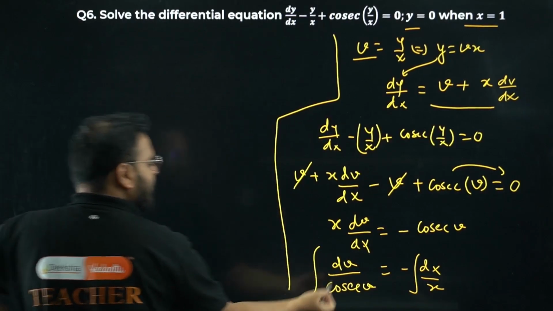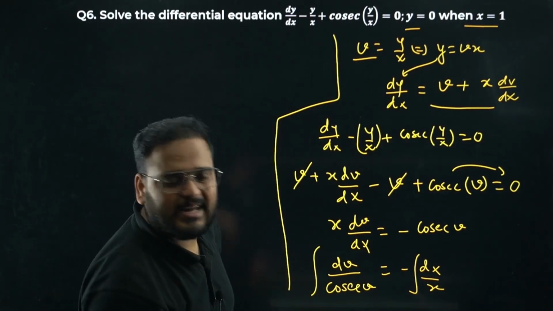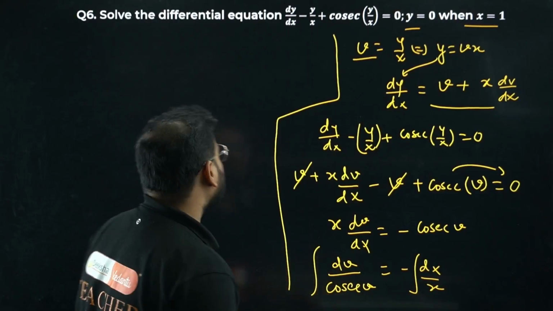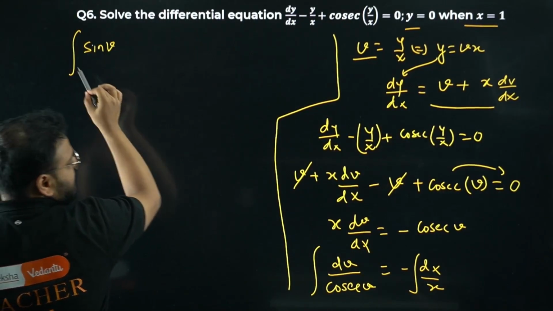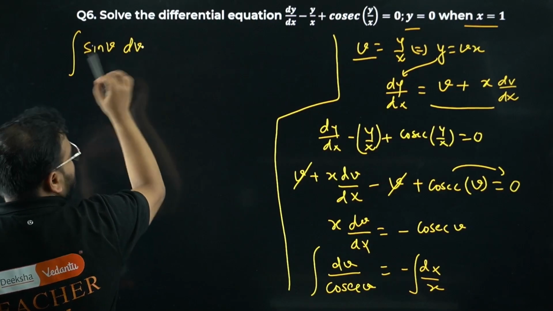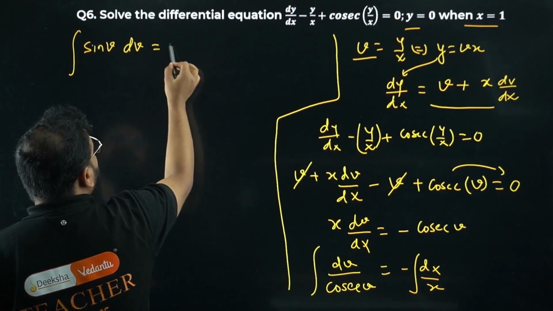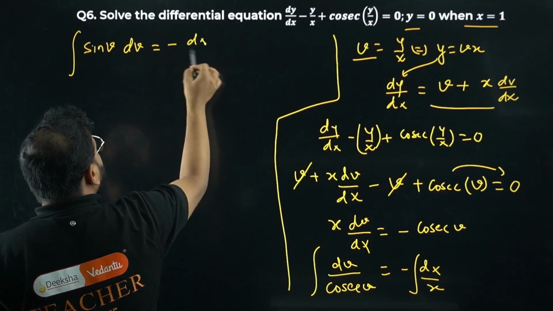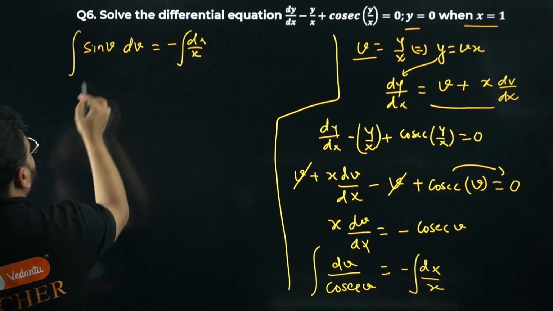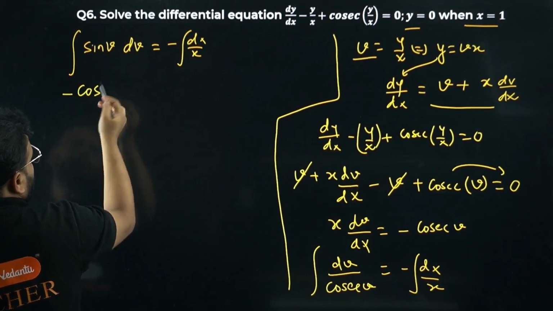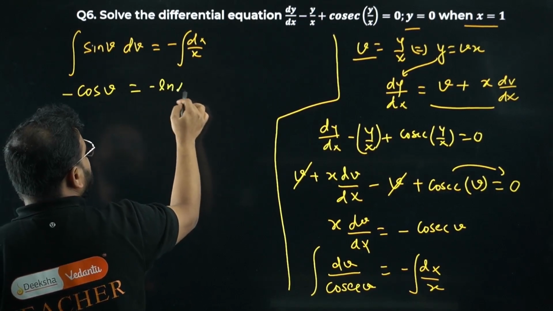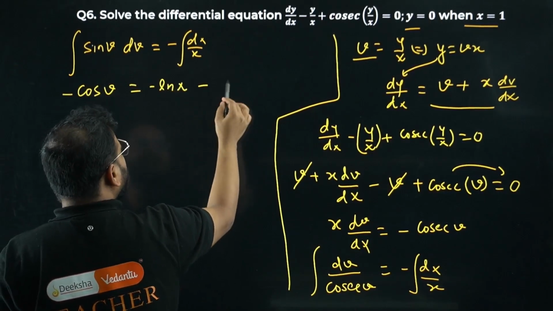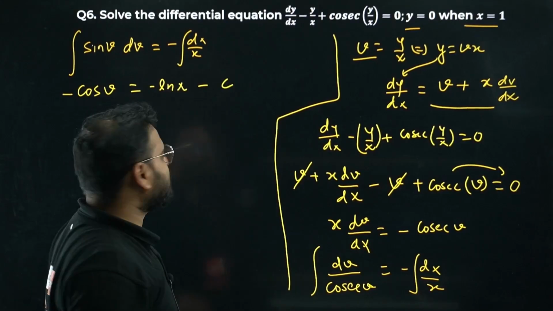If you have 1 by cosec, it will simply become sine, right? 1 by cosec is sine. So I can write this as the integration of sine v dv, and over this side, minus dx by x. Let's integrate now. It will become minus cos v equals minus ln x, and put here minus c, just to cancel the minus minus.